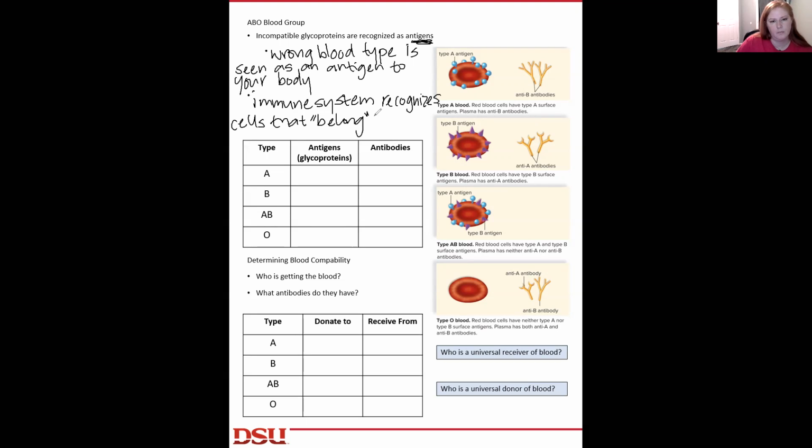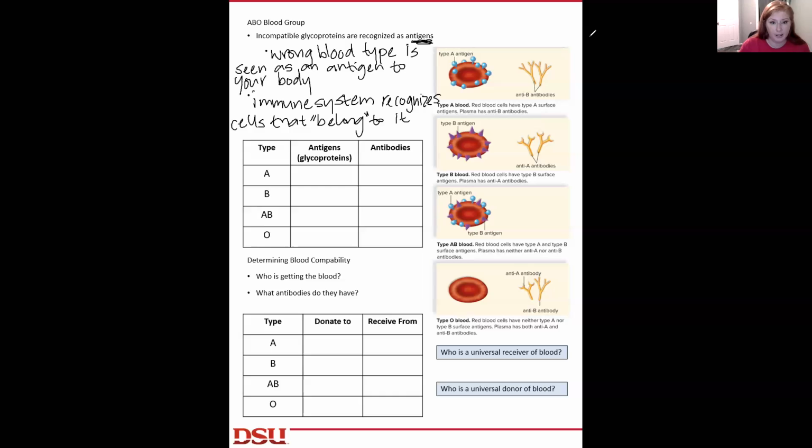Okay, so the immune system recognizes the cells that, quote unquote, belong to it or that belong to the body. If the immune system, the white blood cells circulating in the body, see something that doesn't have a marker on it that says belonging to Kelsey or belonging to whoever, then it gets tagged for destruction.